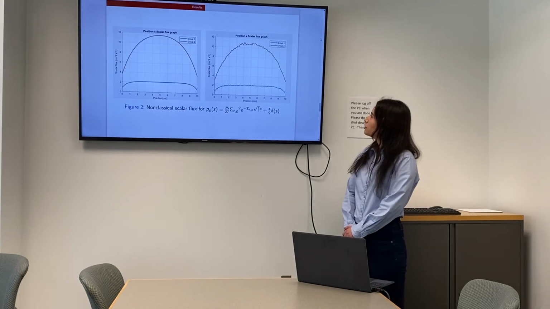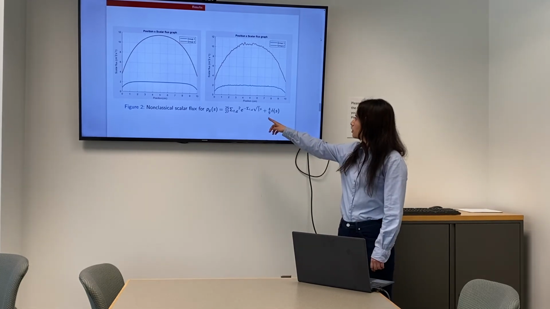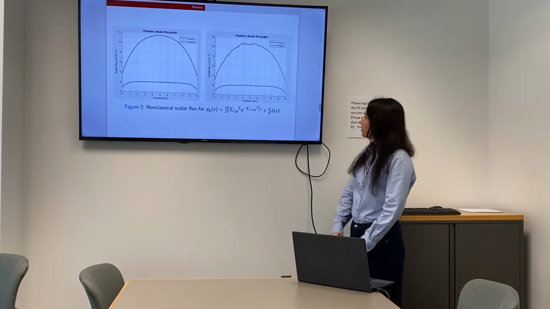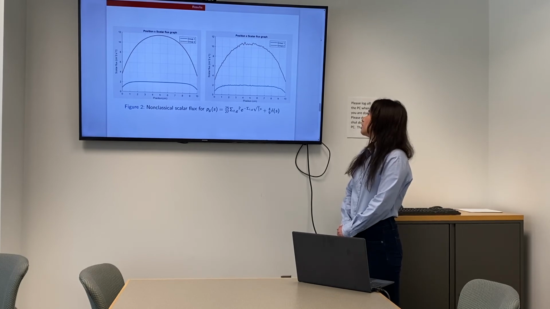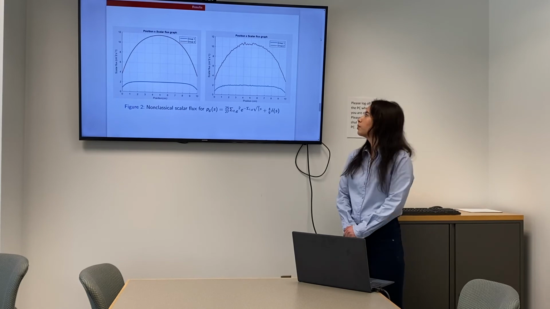Now we have another results with same parameters except for P of S. This P of S is non-exponential, and it's a P of S of simplified P2.